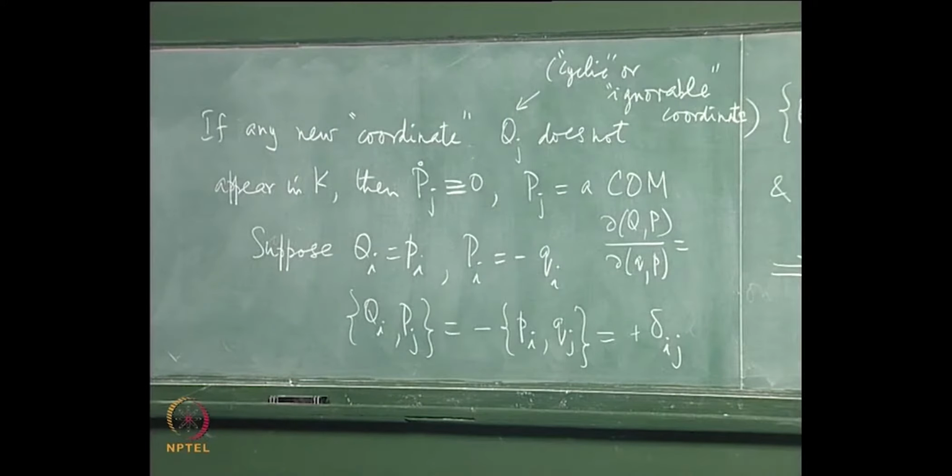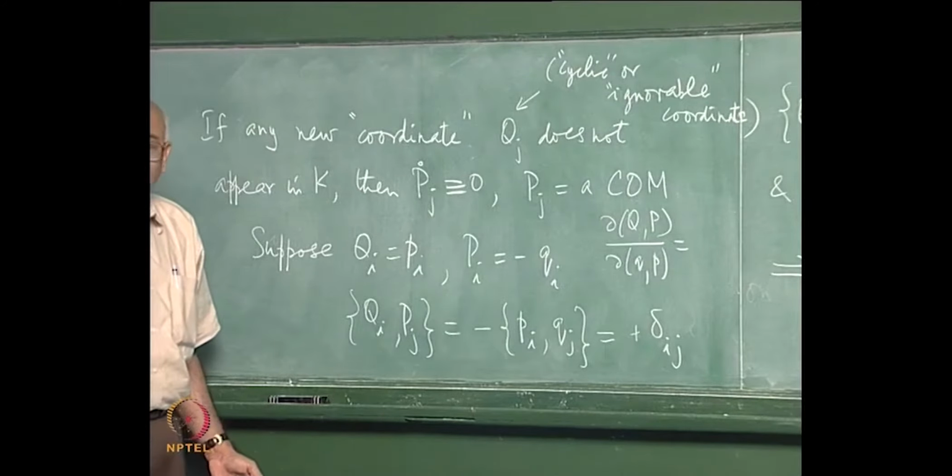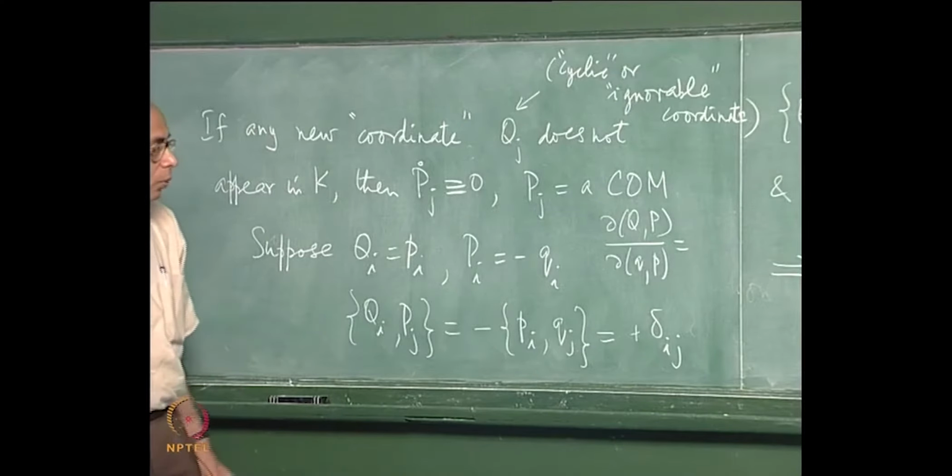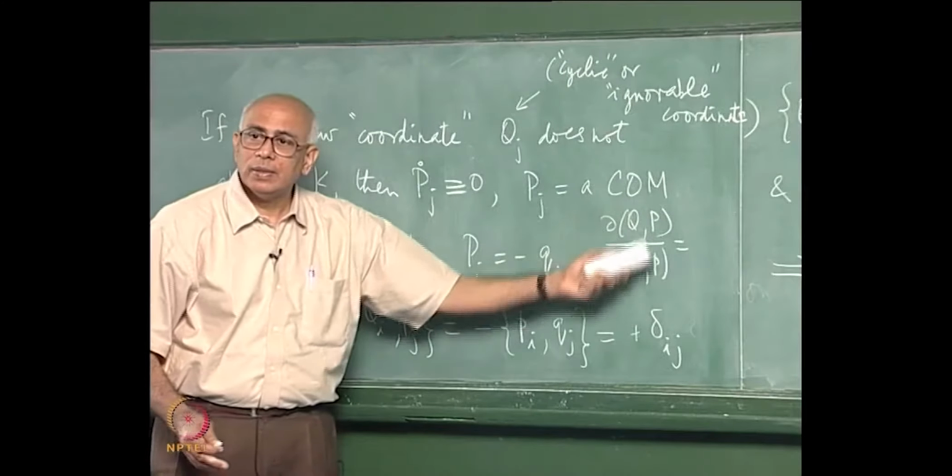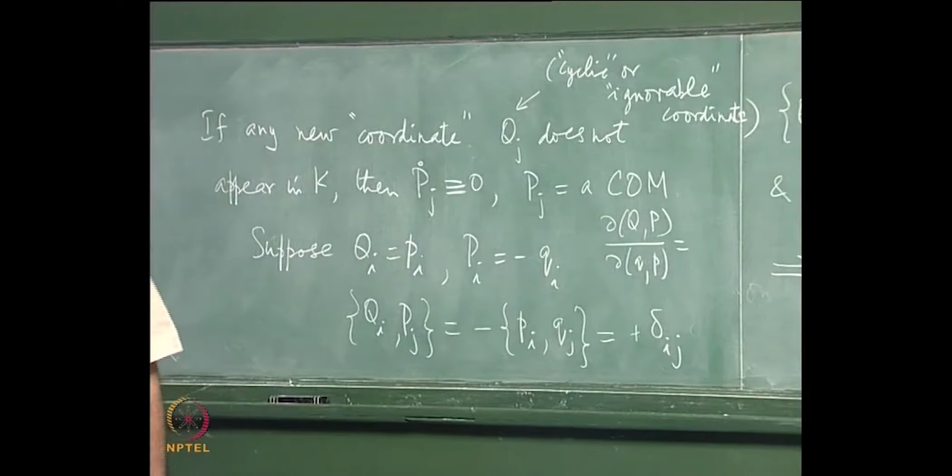What does that become? How do you find that? This is the determinant of a certain matrix, and what is that matrix?